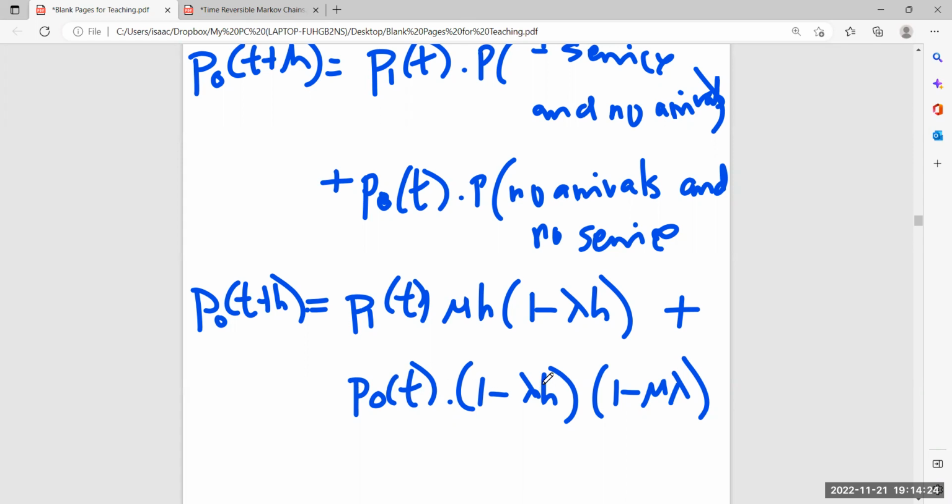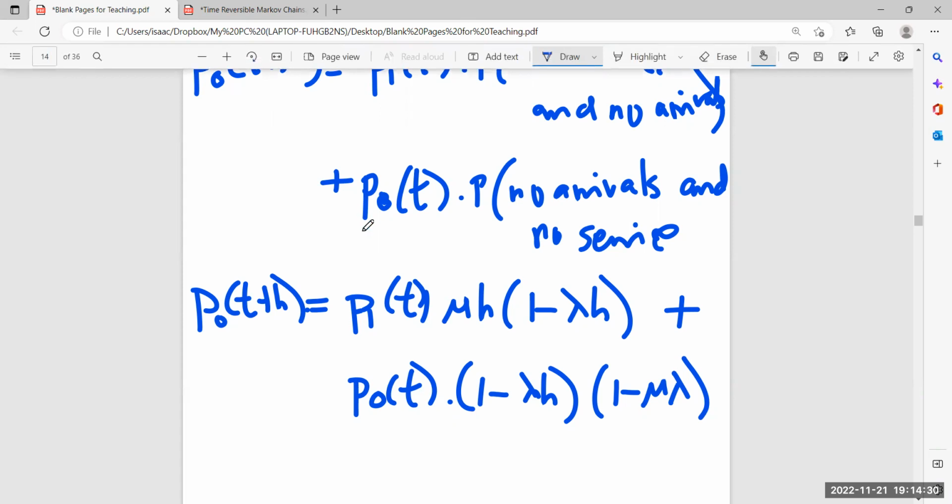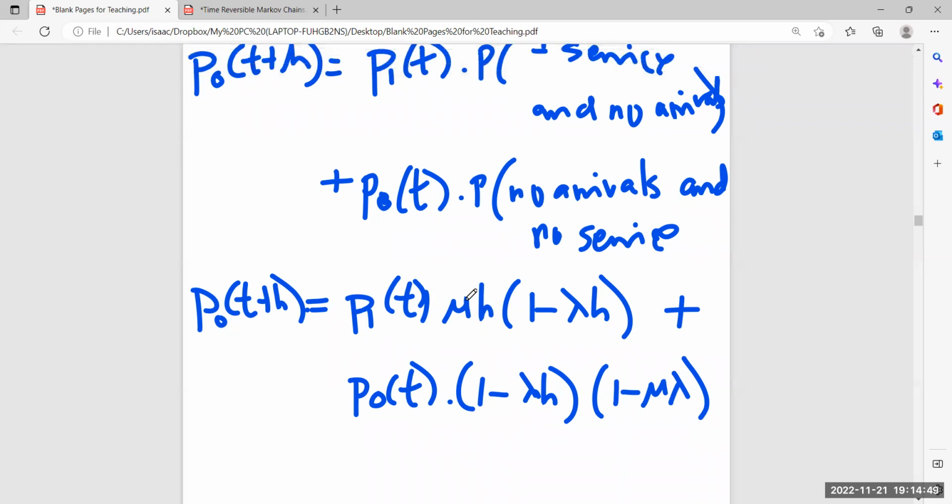I'm saying that the probability that I have 0 individuals at time t plus h is equal to the probability that you have 1 person at time t, and then that person has to leave with this probability, and then you must have no arrival. So this one is okay.